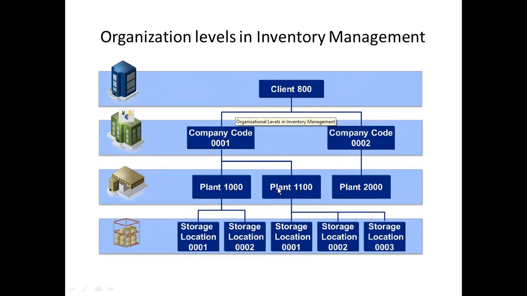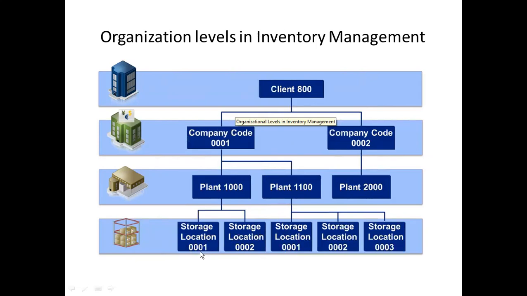If you observe here, the storage location under plant 1000 is named 0001. At the same time, the store location under plant 1100 also has the name 0001. So though the names are the same, the plants are different.